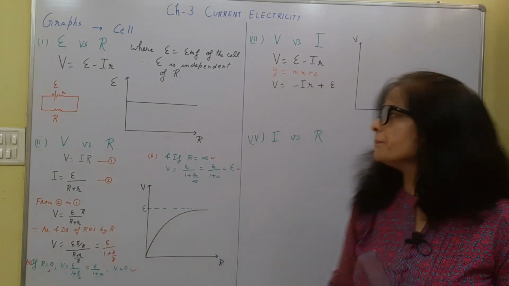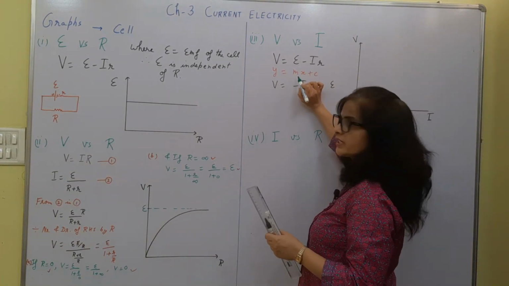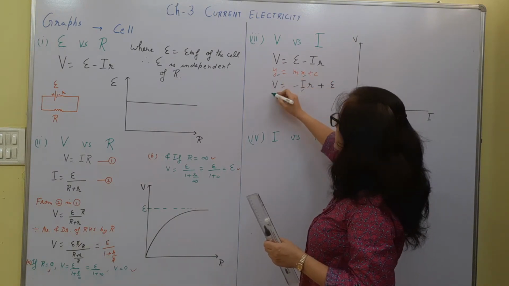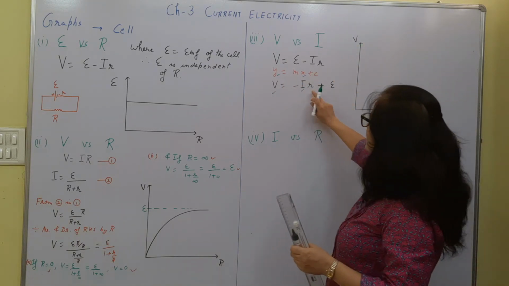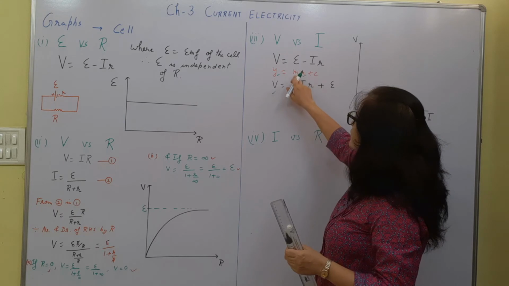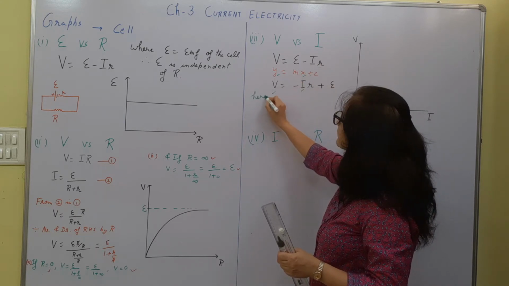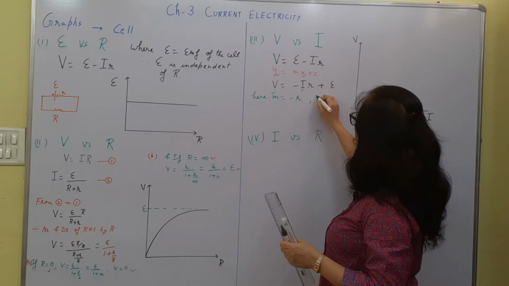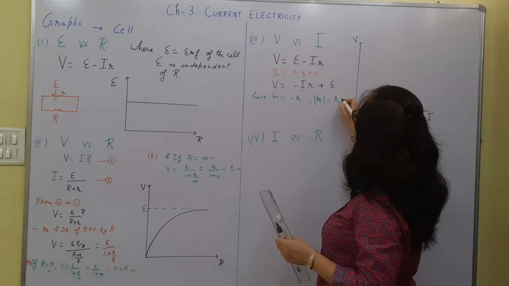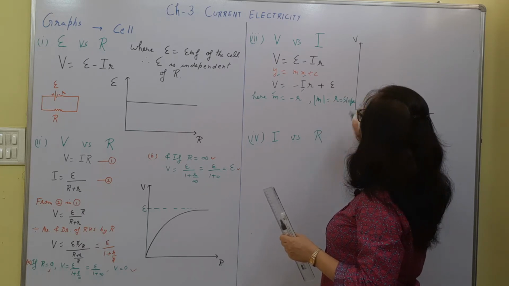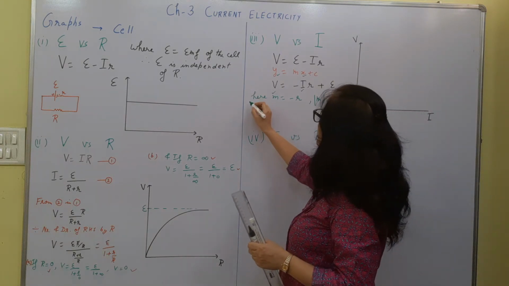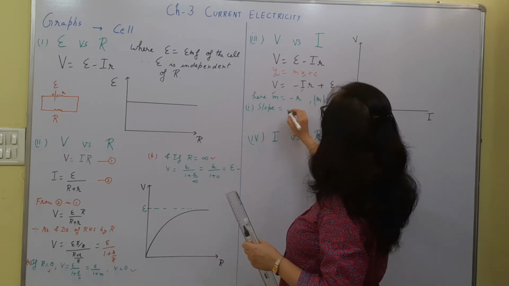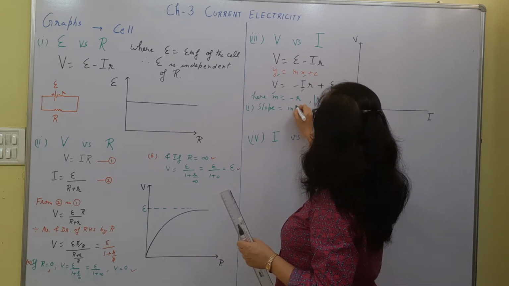You have studied in mathematics that this is the x-axis, and voltage is the y-axis here. What is its coefficient? Its coefficient is minus r, which is the slope. So here m is equal to minus r, and the magnitude of m, that is r, is the slope. So first thing is, the slope gives the internal resistance.